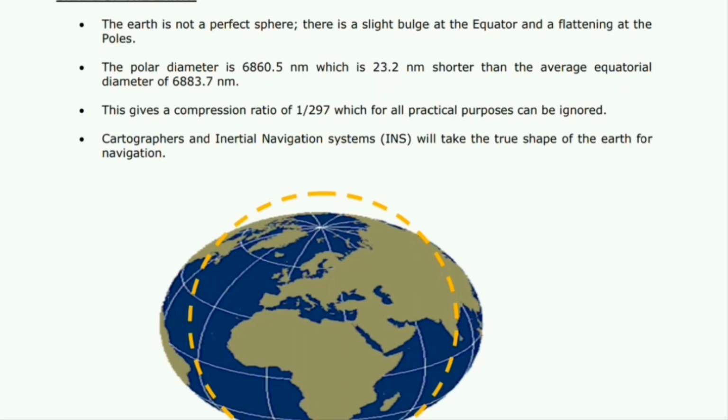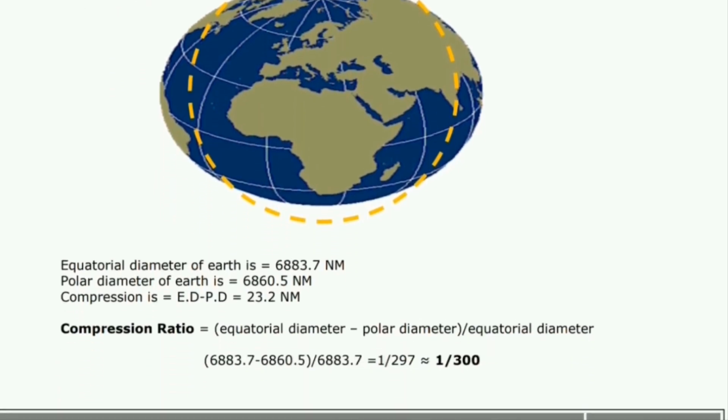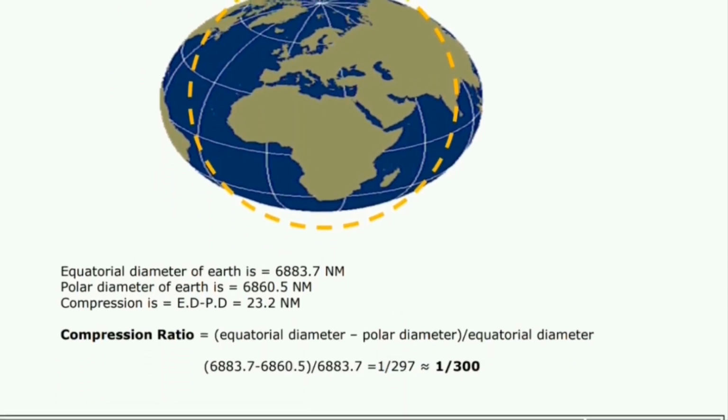Cartographs and Inertial Navigation Systems (INS) will take the true shape of the earth for navigation. Equatorial diameter of earth is 6883.7 nautical miles. Polar diameter of earth is 6860.5 nautical miles.